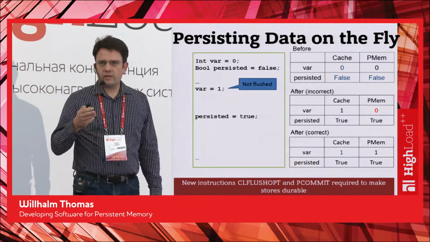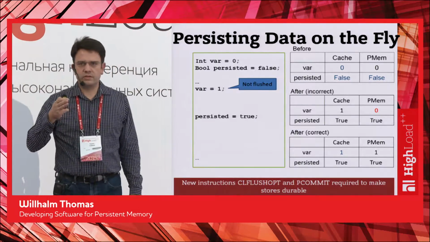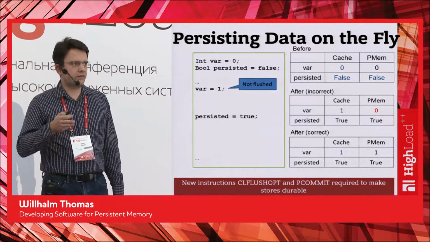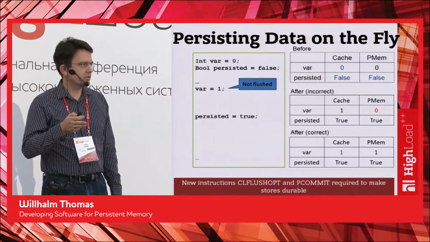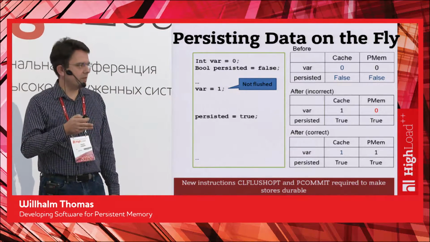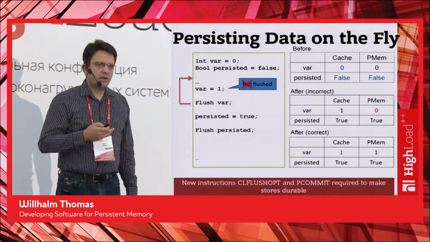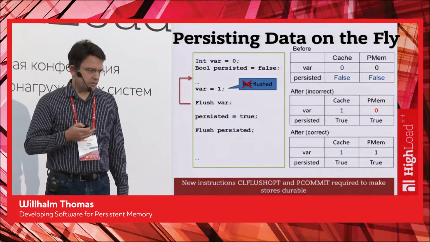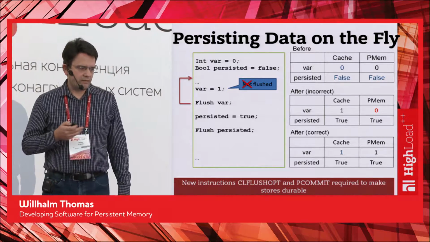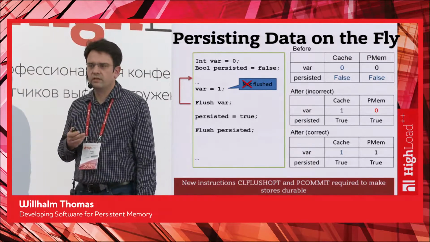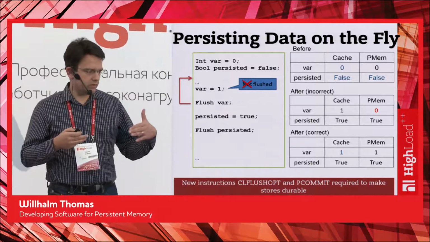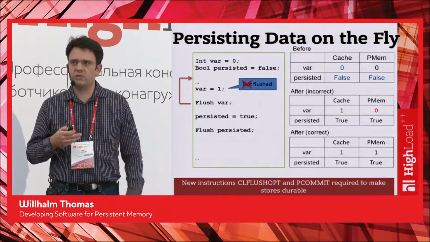And when the server is shut down or turned off right in between, right in that stage, we would have a true in memory and a 0, and this is an incorrect state. So in order to make this program correct, we need to add this flush here to flush the variable from the cache into our memory.